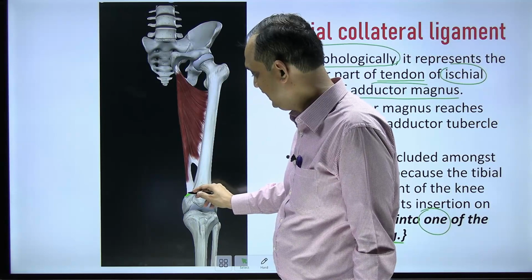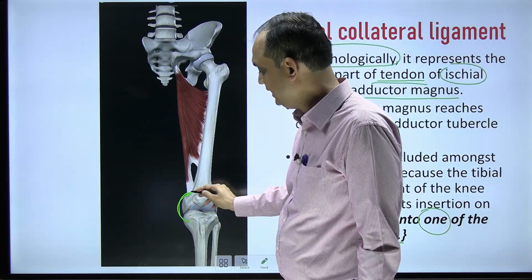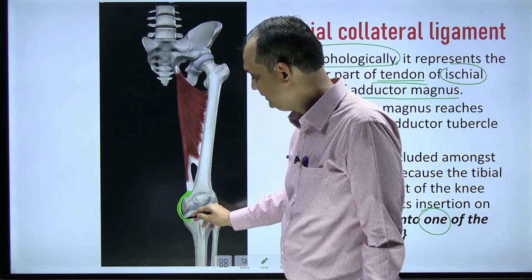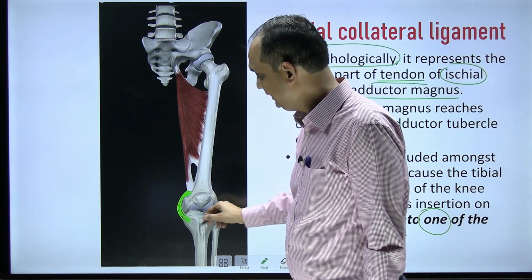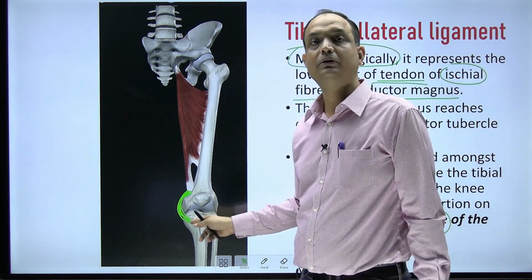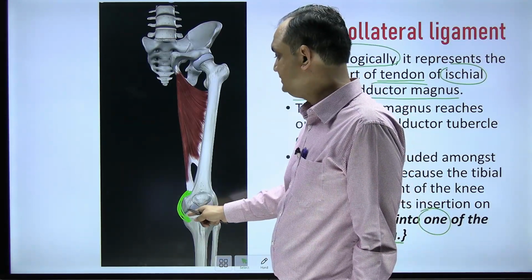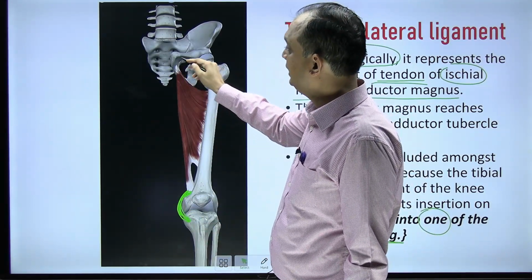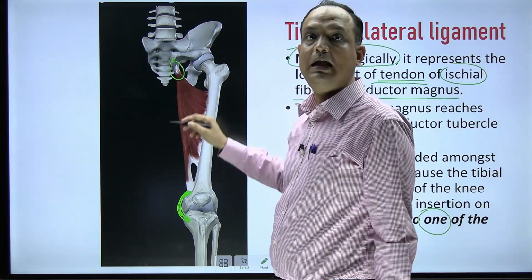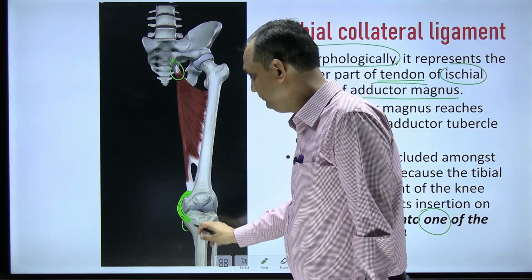For that you have the tibial collateral ligament, which represents its actual attachment on the leg bone, that is your tibia. So now you can see that adductor magnus arises from the hip bone and inserts on the tibia.